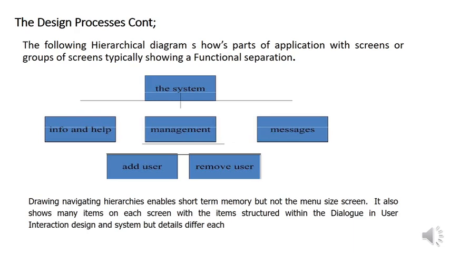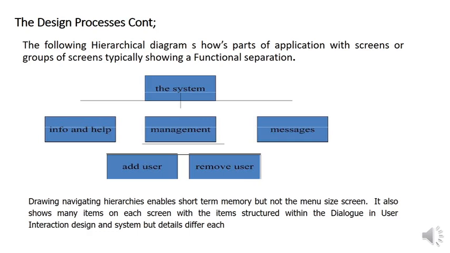Then the following hierarchical diagram shows how parts of an application with a screen or group of screens are typically shown in a function separation: the system, then info and help, management, message, add user, remove user.